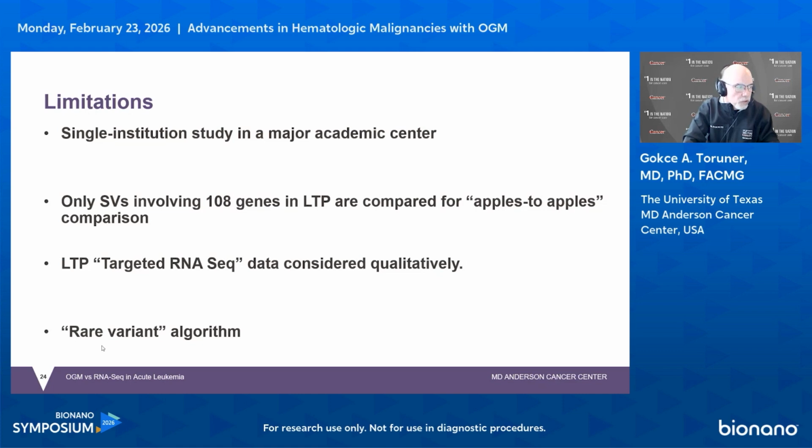And also, for the OGM side, we use the so-called rare variant algorithm, not the genomic assembly, particularly for CRLF2 type of aberrations, which may handicap OGM. But we haven't validated the genomic assembly in our laboratory yet, we are working on it. That's the reason that we use the rare variant algorithm.